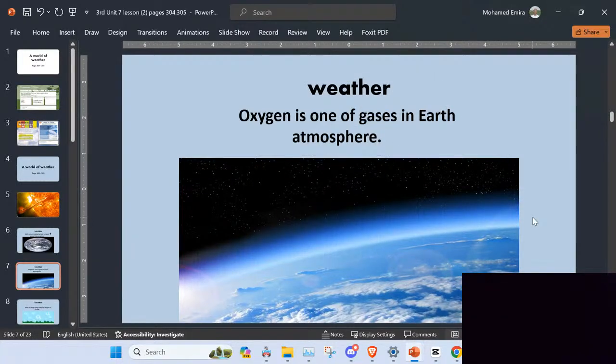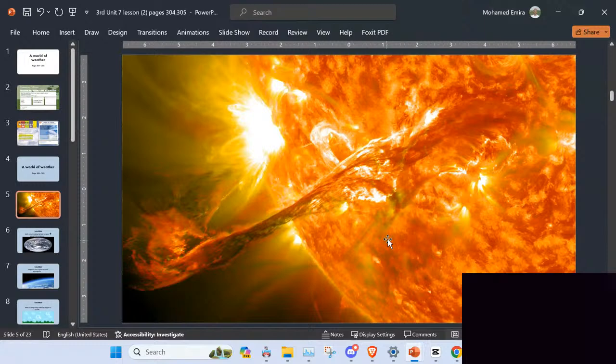It's made of a mixture of gases. These gases surround the earth to protect it from the huge heat of the sun. So, these gases are protecting the earth from the outside to stop most of this heat from getting inside, to give us some warmth, but not to burn the whole earth.